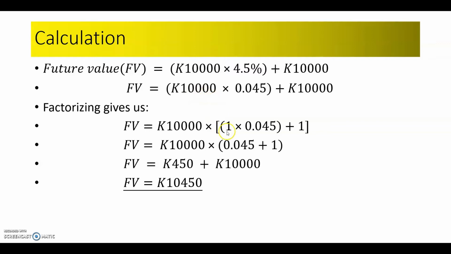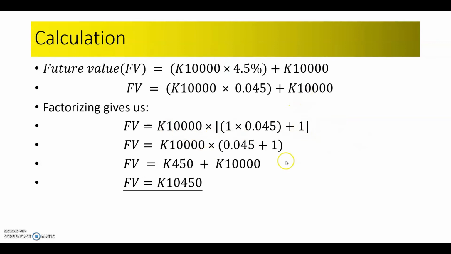In the second step, you have to put a 1 in times 0.045 as it is, because it's also being multiplied by 10,000 kwacha. Okay? So it's more like you've simplified this part. And since there are these square brackets, it means that even on this side you're going to have a 1 because you're still multiplying by 10,000 kwacha.